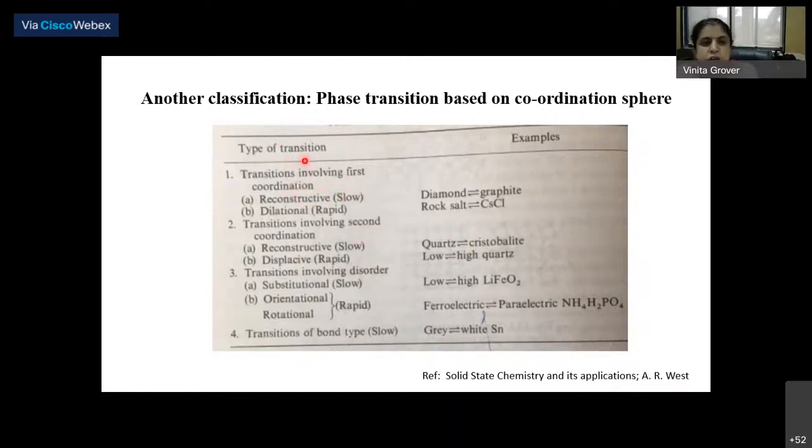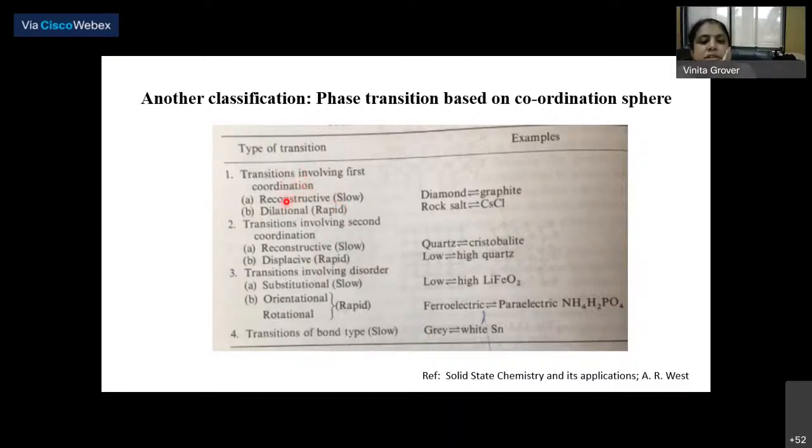So transitions can also be classified by in what coordination sphere they are happening around the central atom. You concentrate on one atom as your central atom, and according to the mechanism of the phase transition, the changes are happening in what coordination sphere, whether it is the first coordination sphere or the second. On the basis of that, the phase transitions are classified.